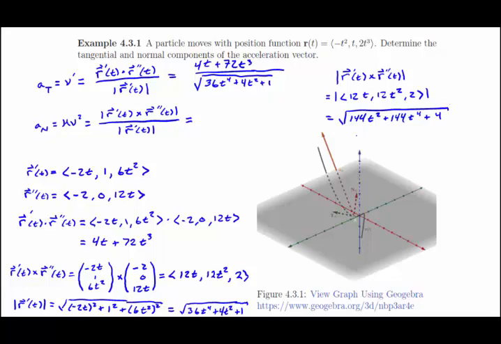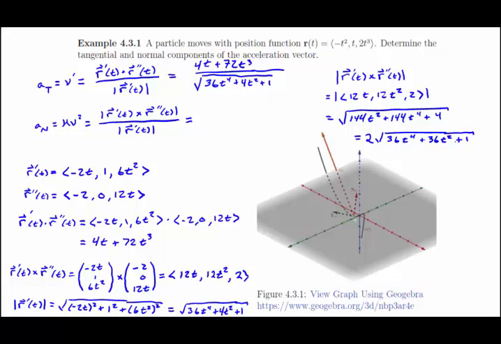And we can factor out a little bit here. So here I can pull out a 4, and then I'm going to have a 2 times the square root of 36t to the fourth plus 36t squared plus 1, all inside the square root.